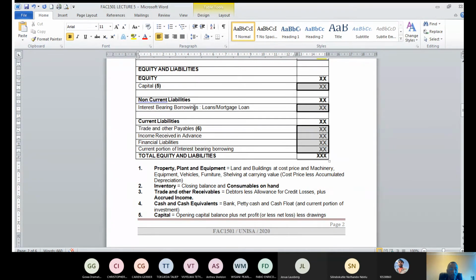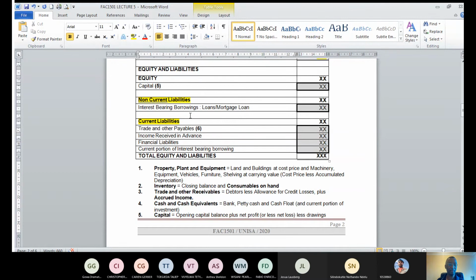Now we're going to speak about our liabilities. We get two categories of liabilities. We get non-current liabilities. Remember, the non-current liabilities are our long-term liabilities, of a long-term nature, what needs to be paid back in more than 12 months. And we will also get current liabilities, which are your short-term liabilities.